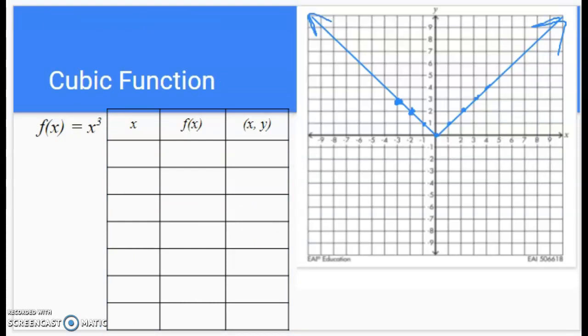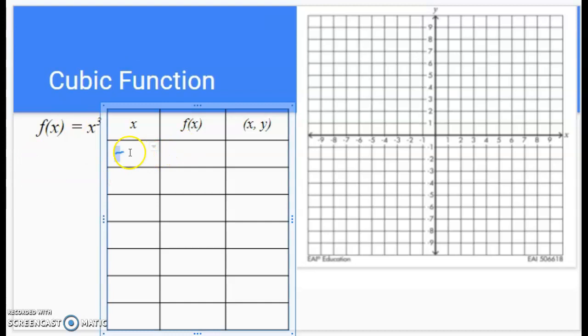And in our cubic function, we're going to take the cube of the number. One thing different in this case is that we could have negatives.